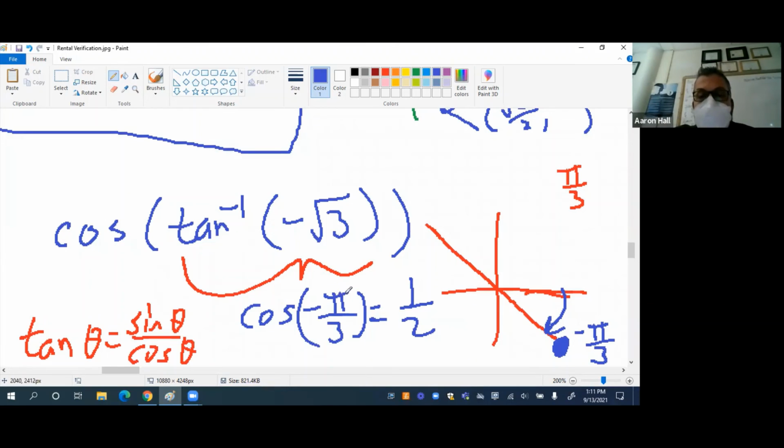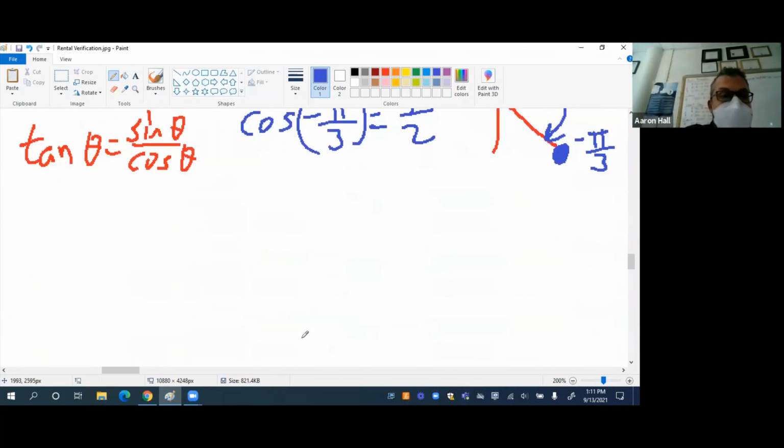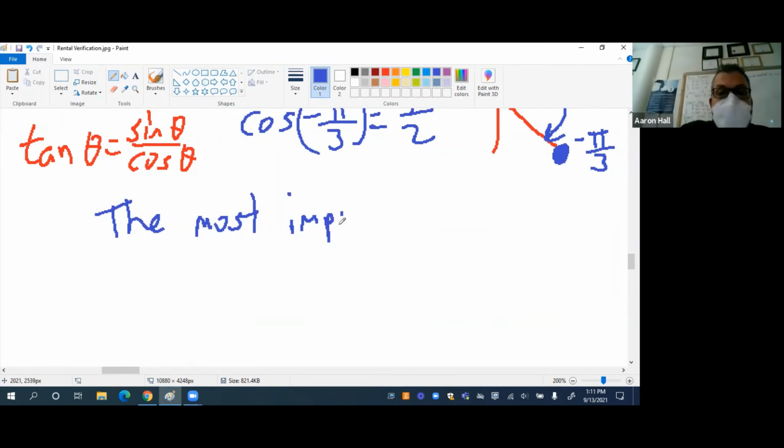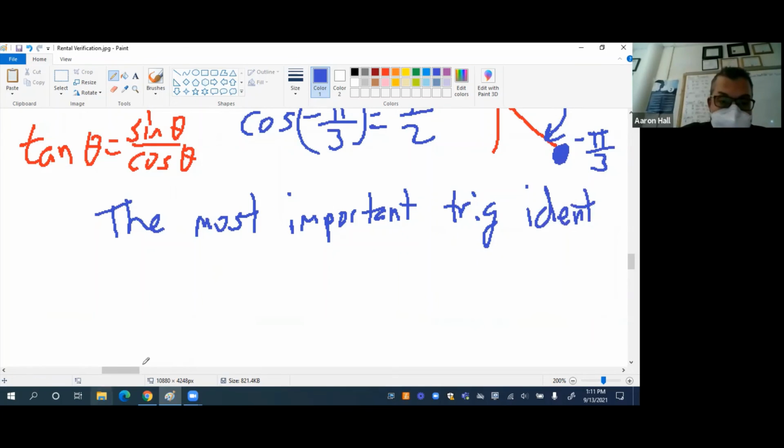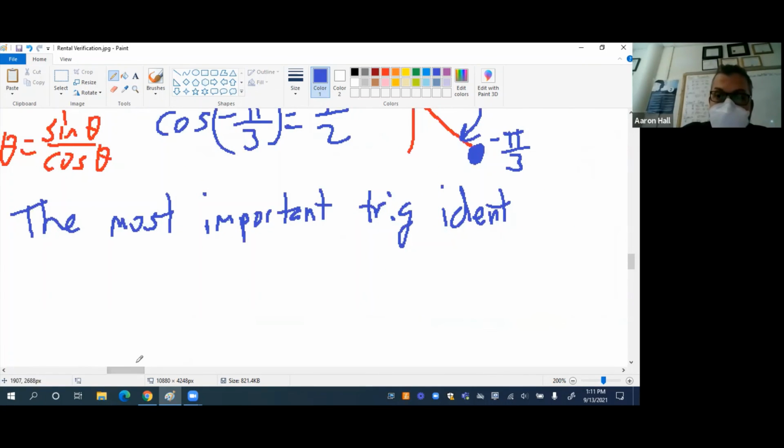A lot of stuff that we've covered. There's a bunch of identities that we need to cover, but you know what? The most important trig identities for this class are, here's one.